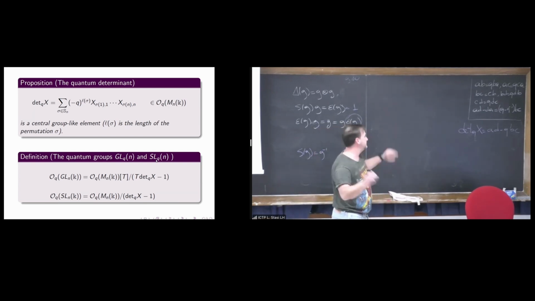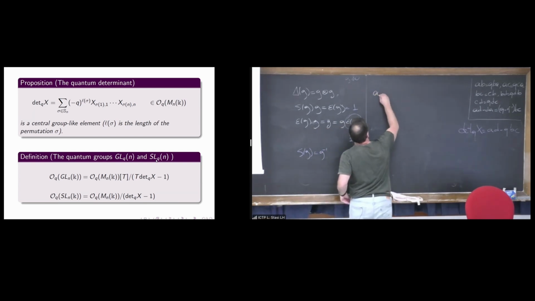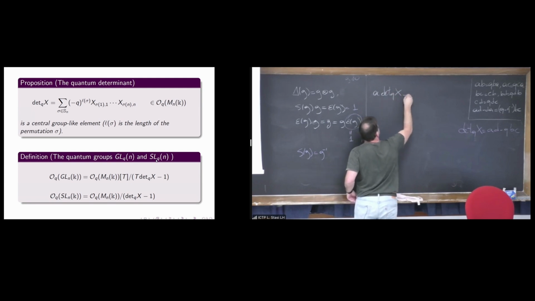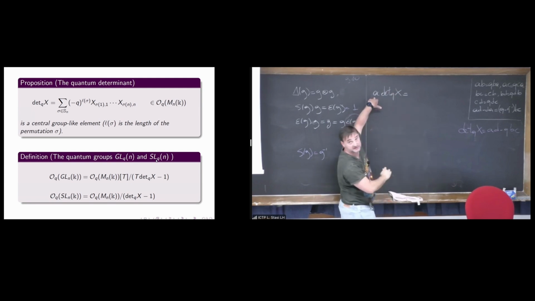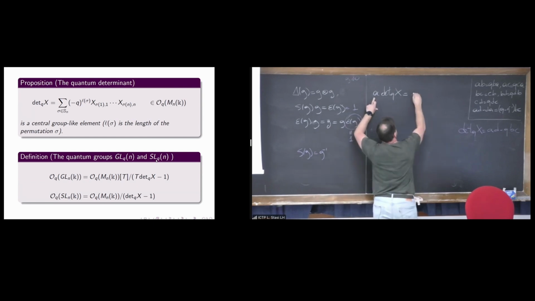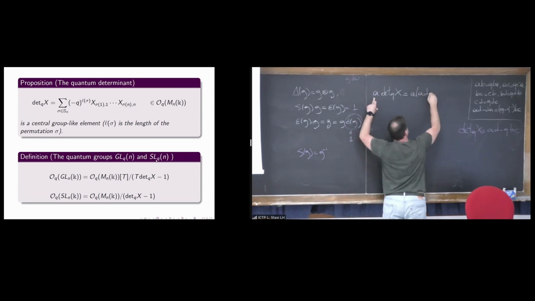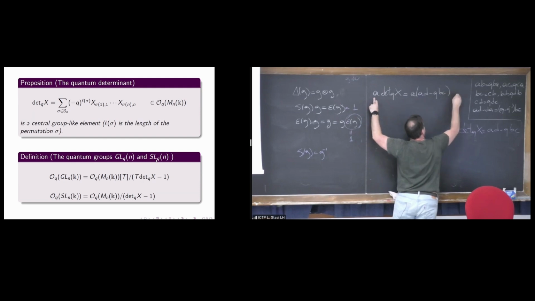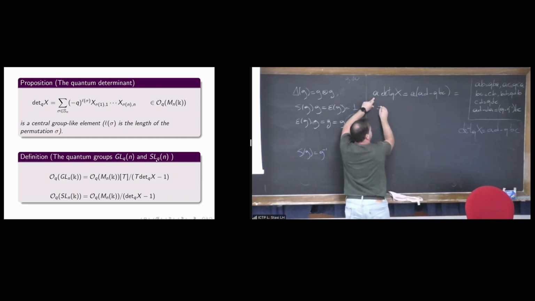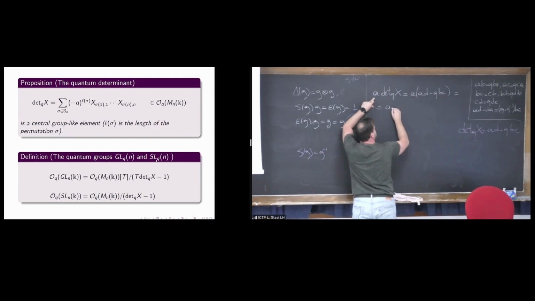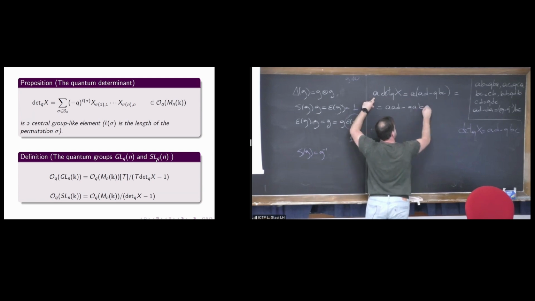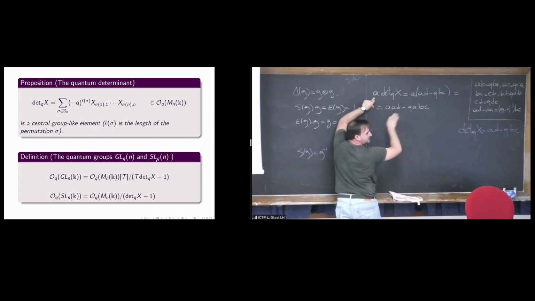So let's do it with A. We take A and multiply by the determinant, okay? And we want to show that the A goes to the other side. So this is A of AD minus QBC. So we have A squared minus Q ABC. And we start to put the A on the other side.